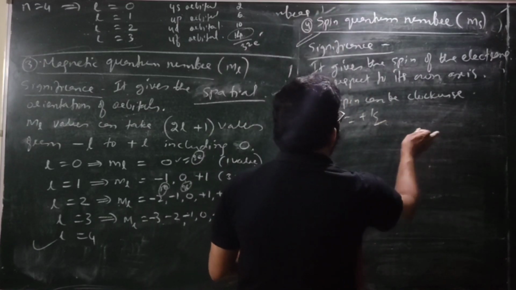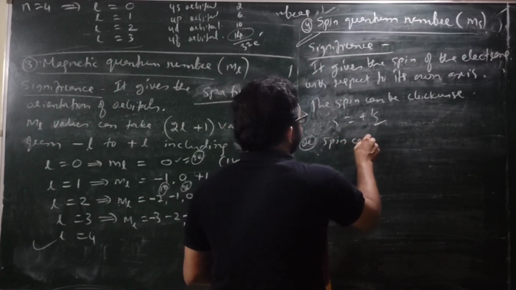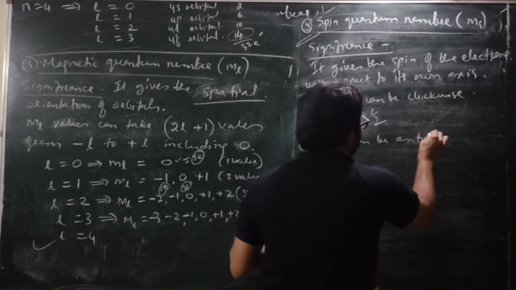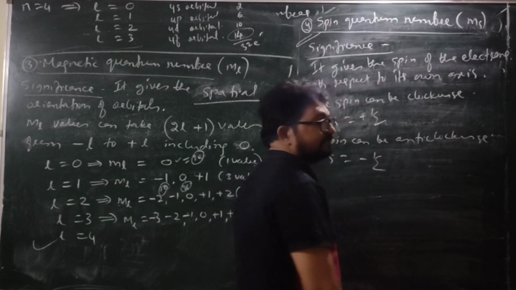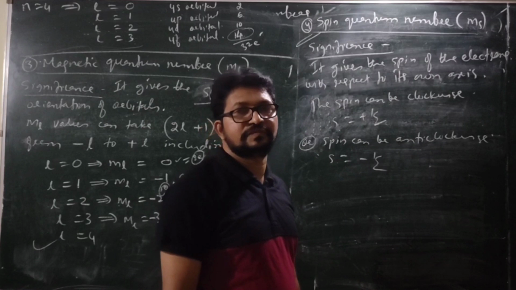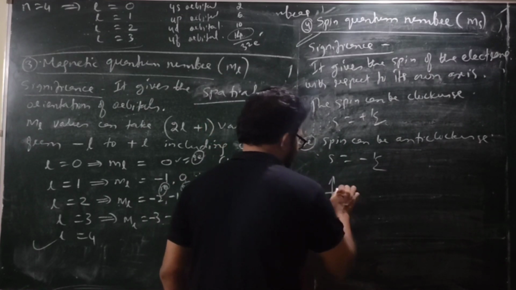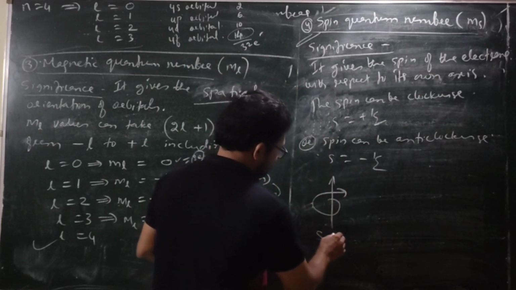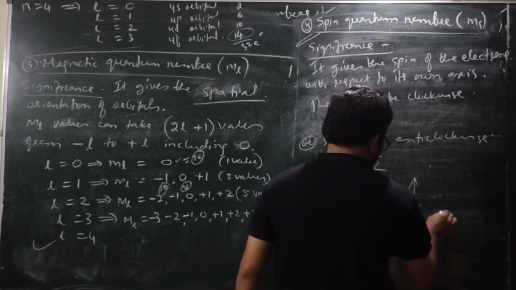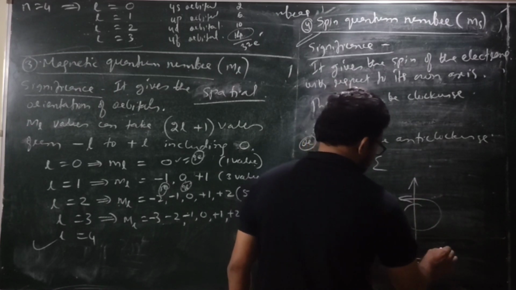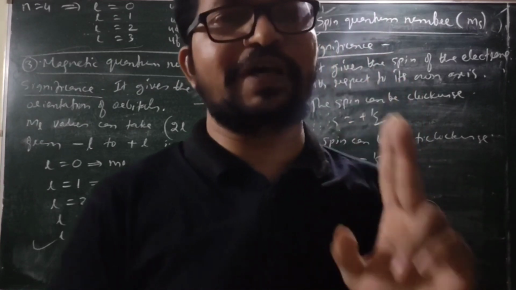And the spin can be clockwise, S equal to plus half, or anti-clockwise, S equal to minus half. You can show the diagram like this with respect to a clock. So the spin quantum number has only two values.